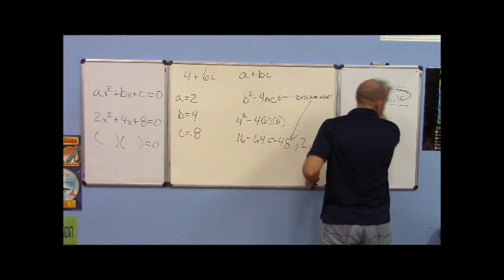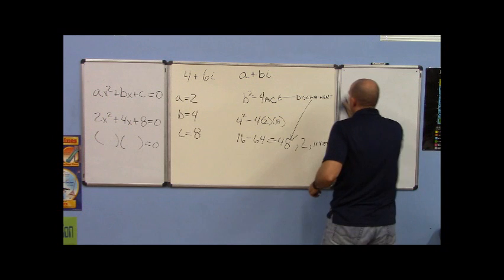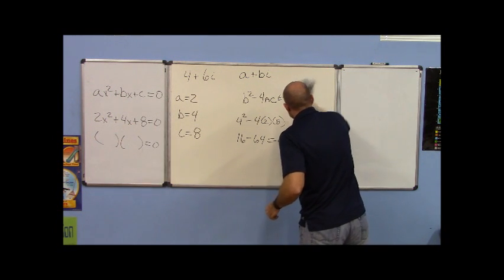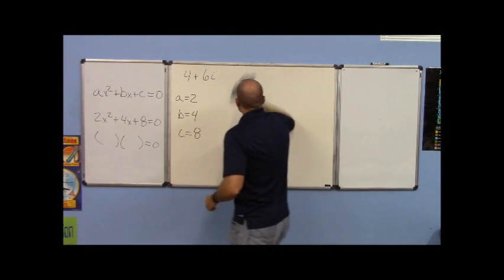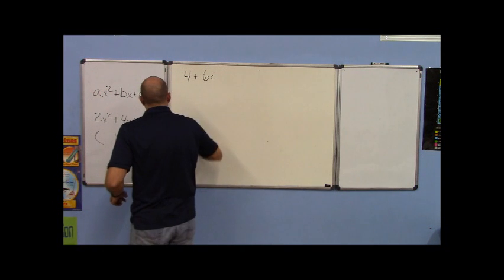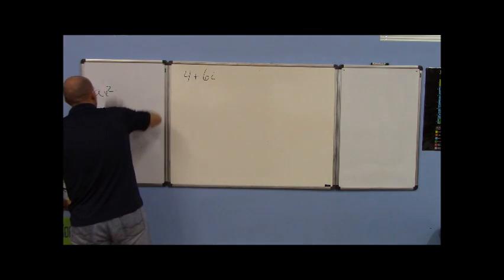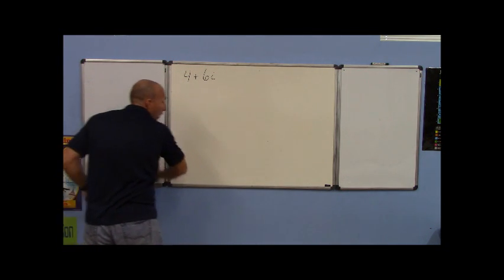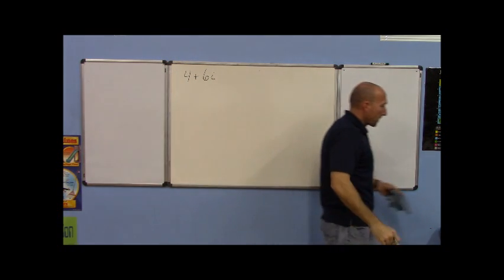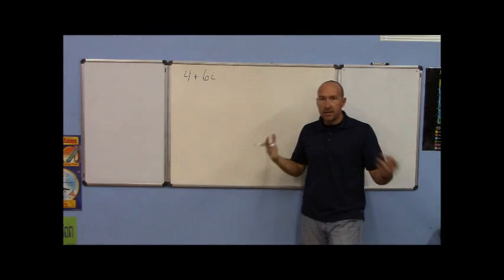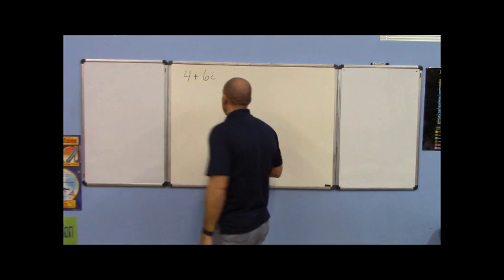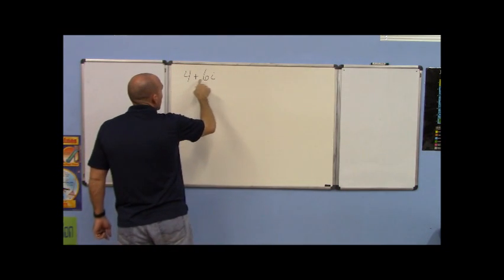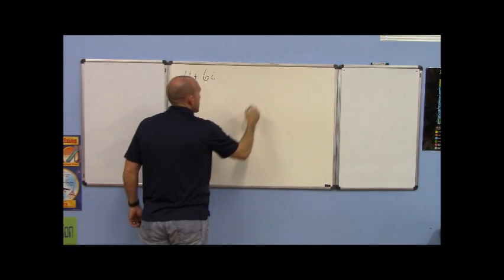We're going to cover 8.6 and 8.7 together. We're going to be talking about graphing complex numbers. We're going to graph them using what looks exactly like the Cartesian plane. Here we have 4 plus 6i.